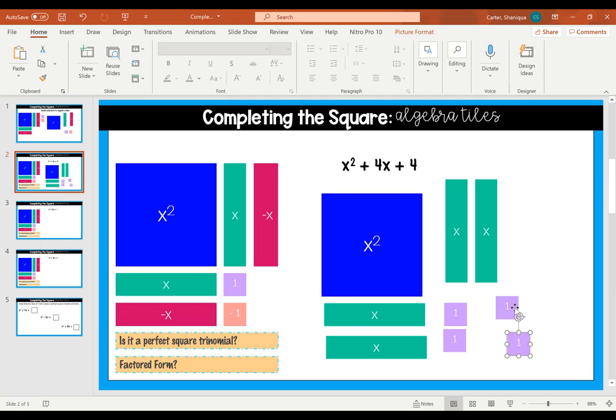All right. Now, they want us to see if this is a perfect square trinomial. Perfect square means: how can I rearrange these algebra tiles so that they still give me a square? Well, I know I have a square here, but if I rearrange all of these, can I build a bigger square? So we're going to take all the things that we know about a square. We know that it has 4 sides, and we know that all 4 sides are the same. They are equal. So let's build.